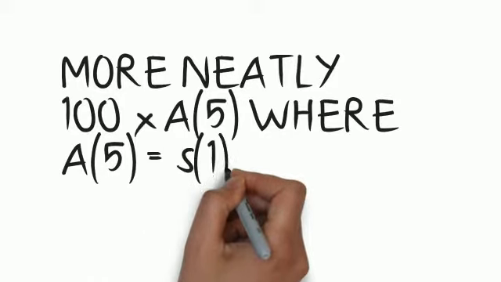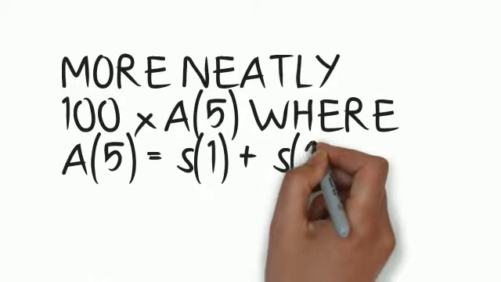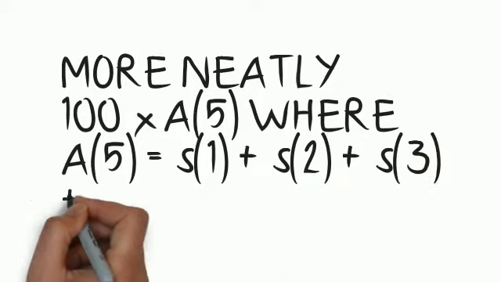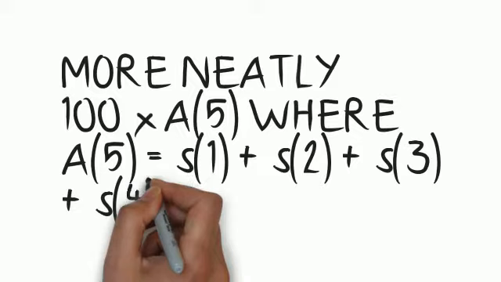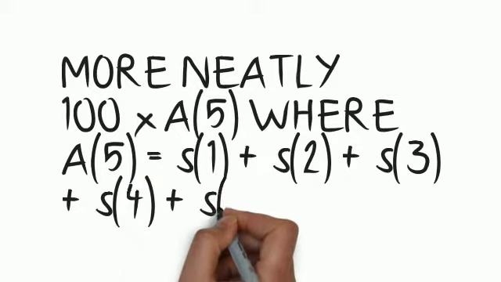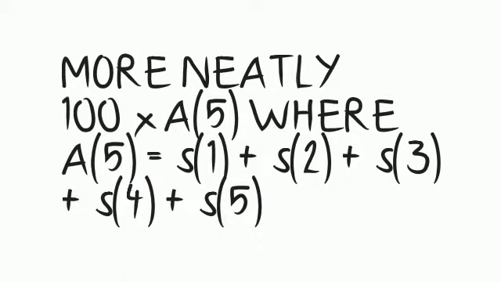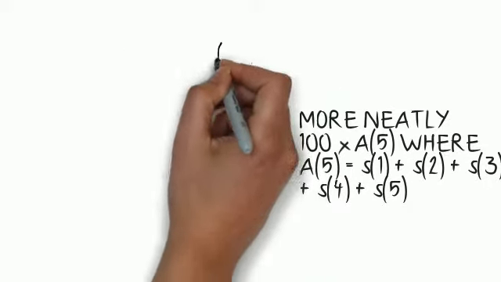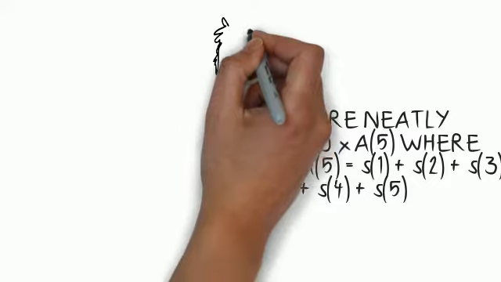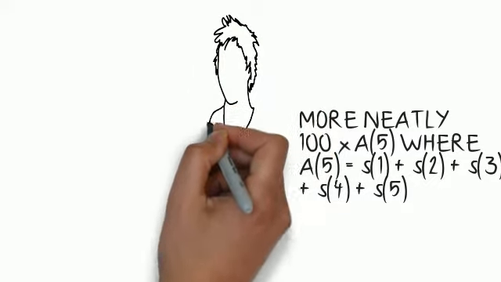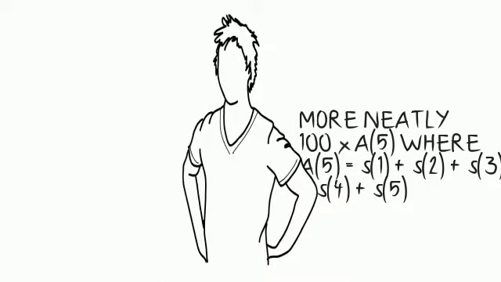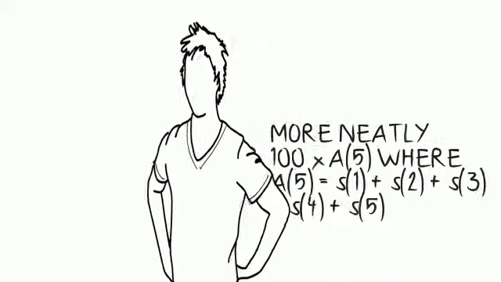There is an even neater way of looking at it. In order to look at it, we can define a function A of n, the accumulation of $1 over a period n, which is equal to S1 plus S2 plus S3 plus S4 up to Sn.